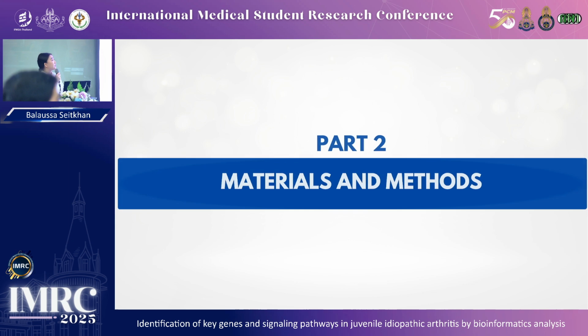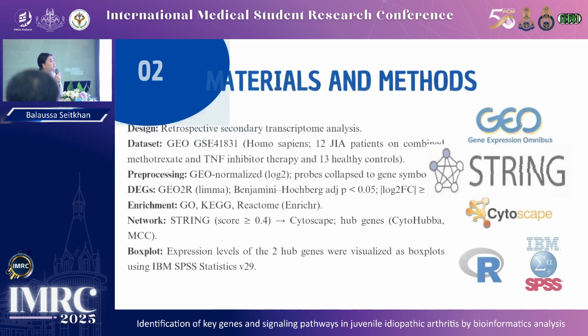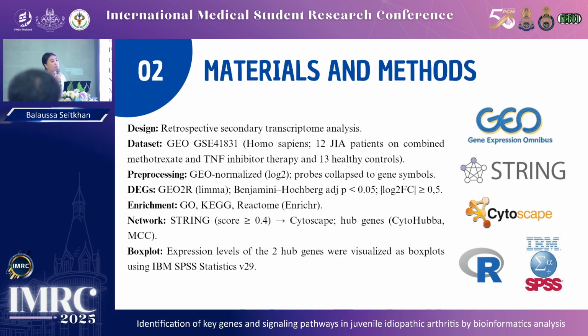We analyzed transcriptomic data from Gene Expression Omnibus, which included 12 JIA patients and 13 healthy controls, and differentially expressed genes, DEG analysis, were identified using GEO2R, and functional enrichment analysis was performed using the EnrichR platform, and we constructed a PPI network using STRING and visualized it in Cytoscape.